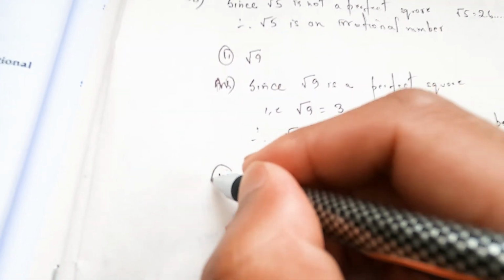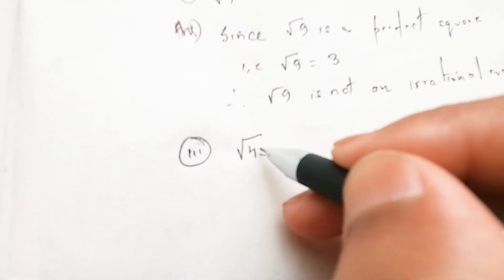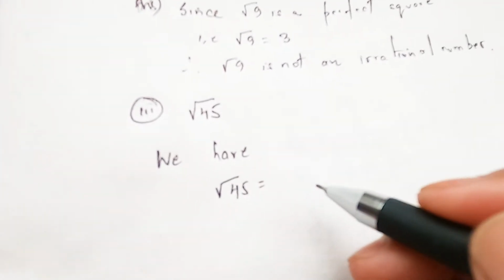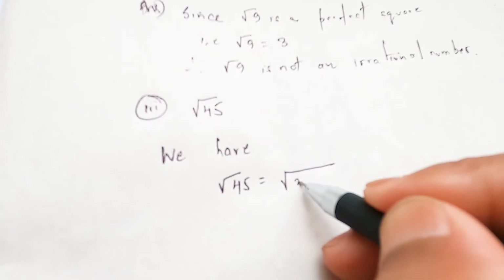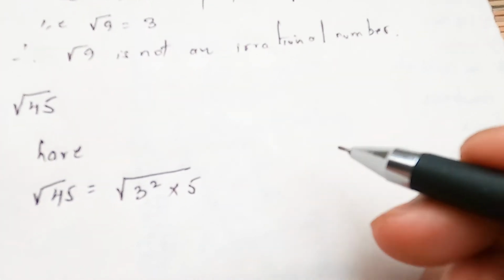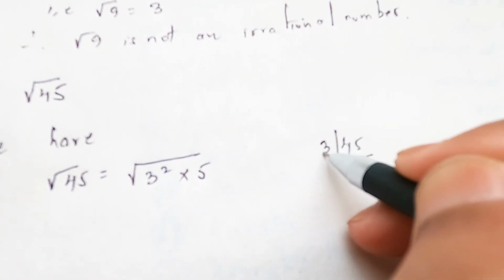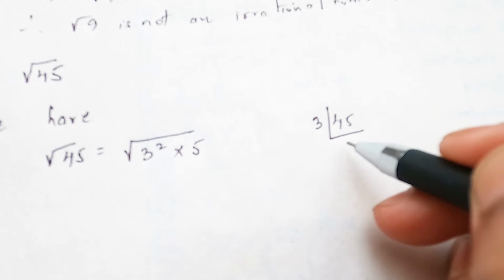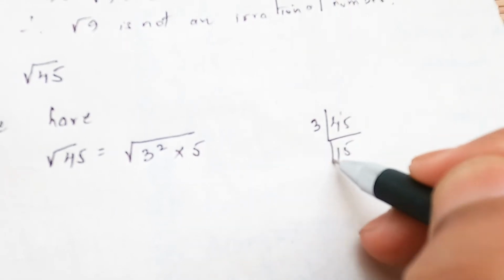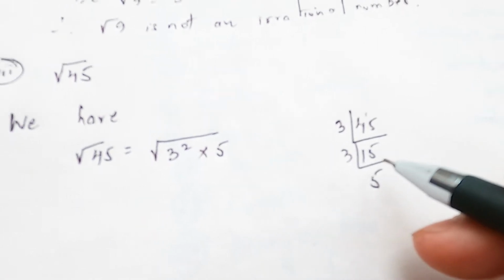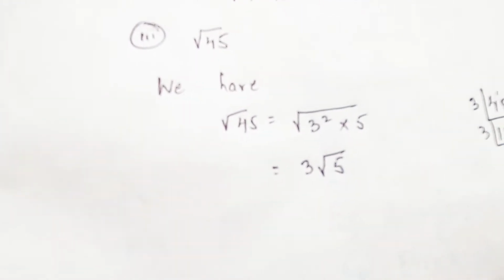Again for number 3, we have root 45. You write here that root 45 will be the square root of 3 squared into 5. Three times three is 9, and 9 times 5 is 45. So it will be 3 root 5.